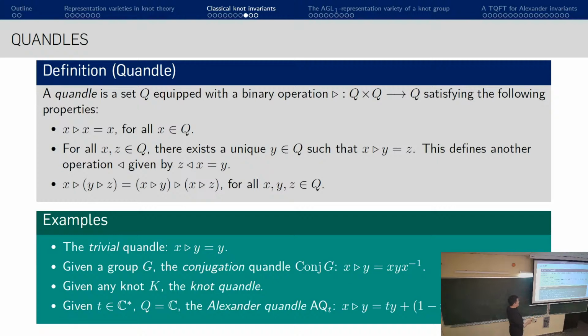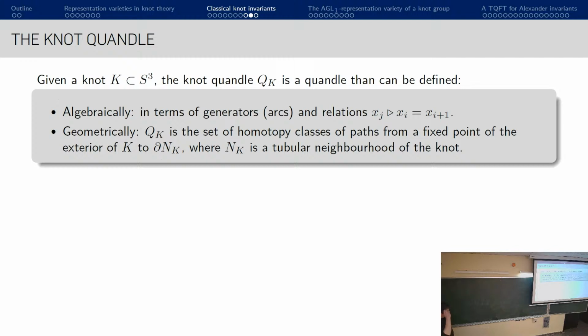And then why are they important in this context? There's a knot quandle that can be attached to any knot. On C, you can define an Alexander quandle, which is some sort of linear combination of 2 complex numbers, and that operation satisfies your properties.